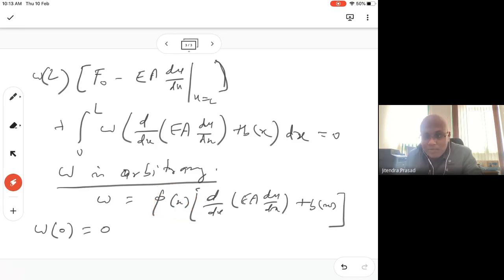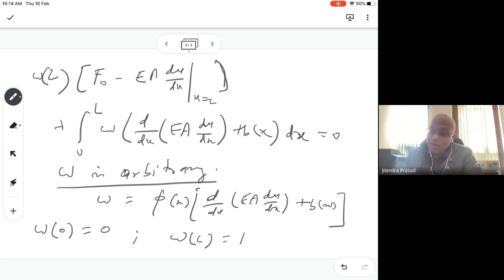Phi x could be such a way that helps W in getting these values. We can also have another condition, because W is arbitrary. We can have another condition that WL is also equal to 1. We can have that, right?